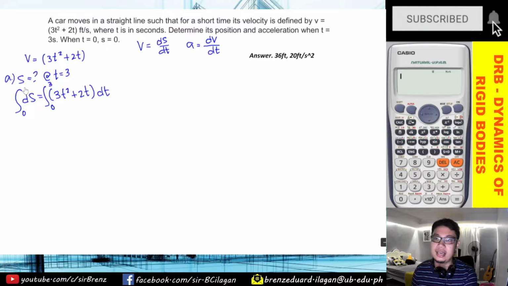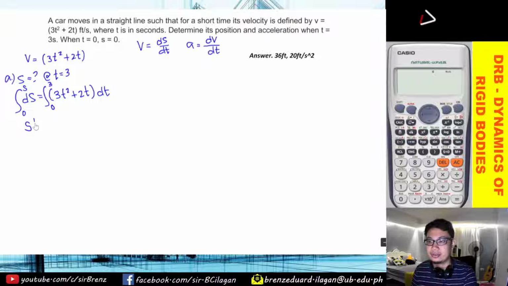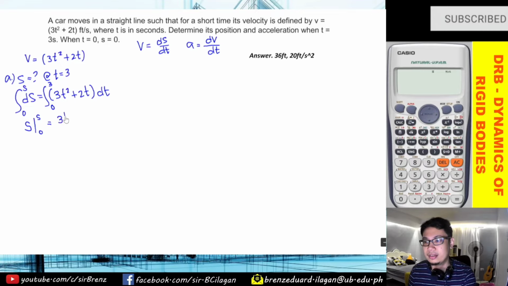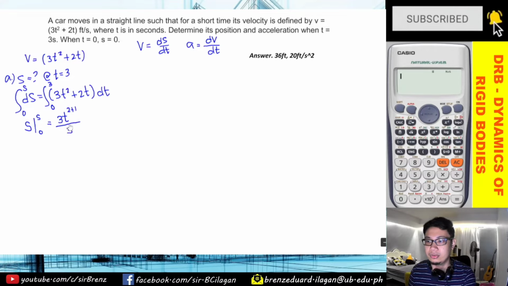And para dito sa s, ito nga yung required or unknown. So the integral of ds is equal lang sa s, kung saan yung lower limit niya is 0 up to s. And then ito, ano ba yung integral ng 3t squared? Ano nga ginagawa kapag integral? Diba, copy mo lang ito, tapos t, tapos magiging 2 plus 1 all over the exponent, which will be equal to 3.